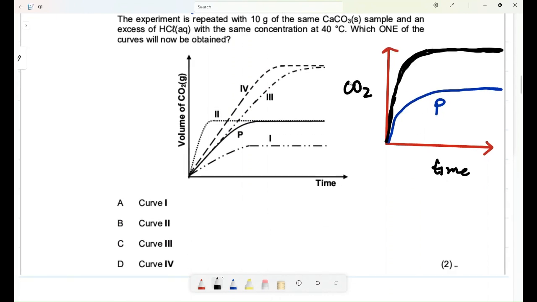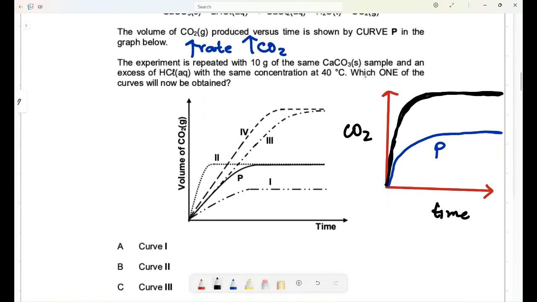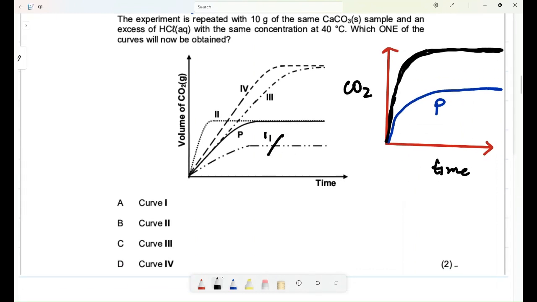So now let's check, what do they want? Which one of the following curves will now be obtained? If you are saying the first one is the correct answer, can you see that the amount formed is low, and the rate is also slower? In your graph, if the rate is higher, if your gradient is steeper like this, just know the reaction is faster.